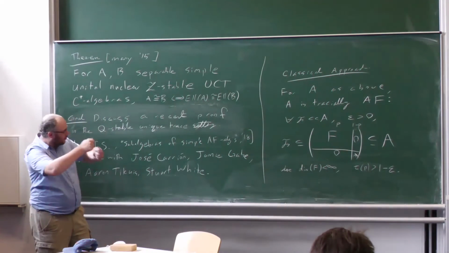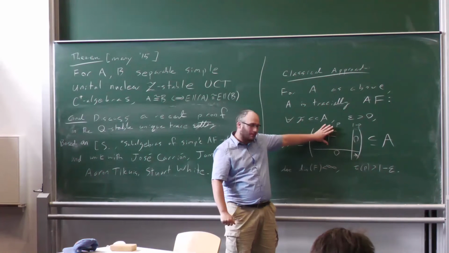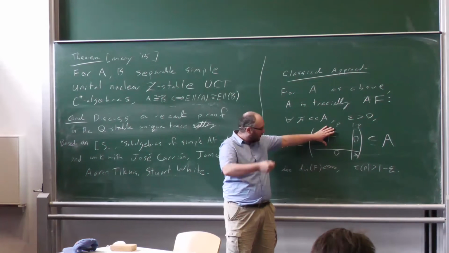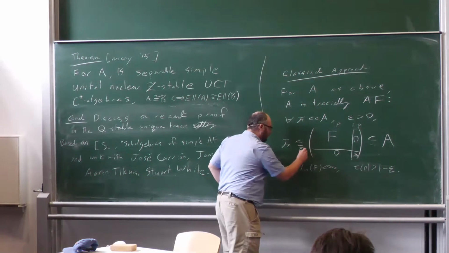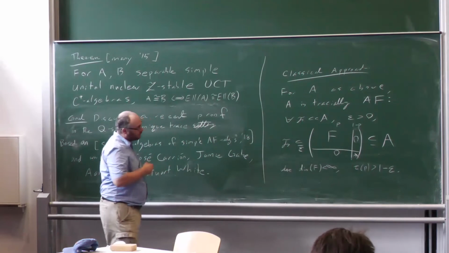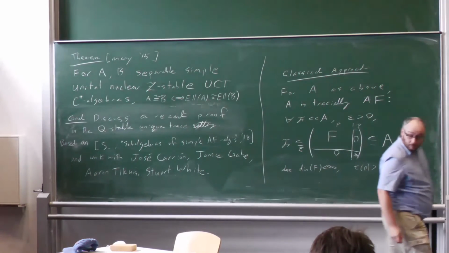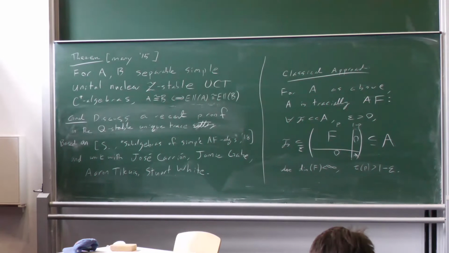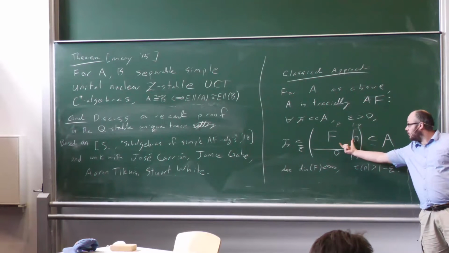So up to this 2 norm small, you have this approximate direct sum decomposition of A, so that in one summand you have uniform approximations by finite dimensional subalgebras, and the other summand is somehow tracially negligible. That's somehow enough, because we have a very good understanding of maps out of finite dimensional algebras in terms of their K0 group.